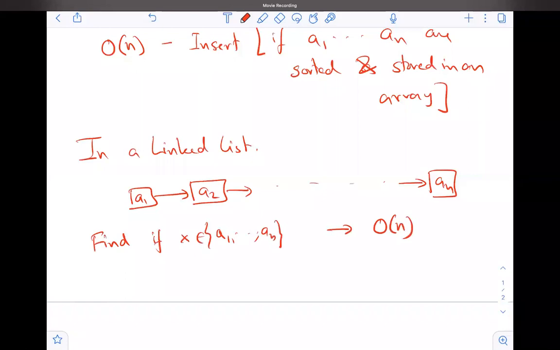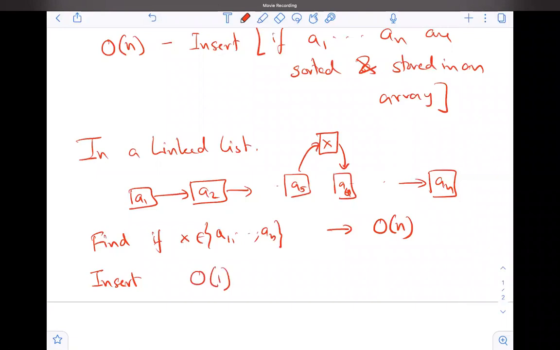It's not random access memory. And if I have to insert, surprisingly, it is very good. If I have to insert between, say, A5 and A6, I know I have to insert X over here. All I do is remove this link, put X in a box, put 2 different links, and that's done. So the insert is order 1.